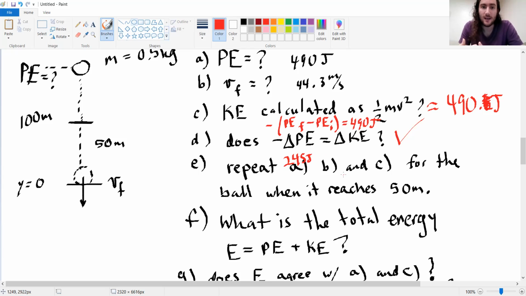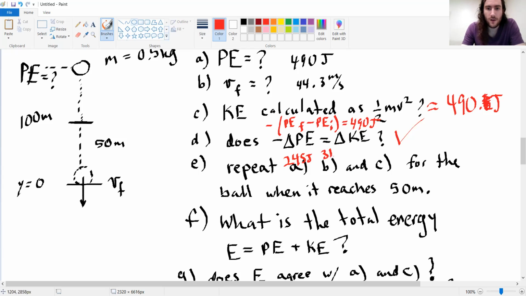The velocity when it's 50 meters above the ground. That's maybe a little bit more tricky to get. You can again use square root of 2gh, but this time h is the distance that the object fell. If it's 50 meters above the ground and it started at 100 meters, then it only fell 50 meters. So you could do square root of 2 times 9.8 times 50.